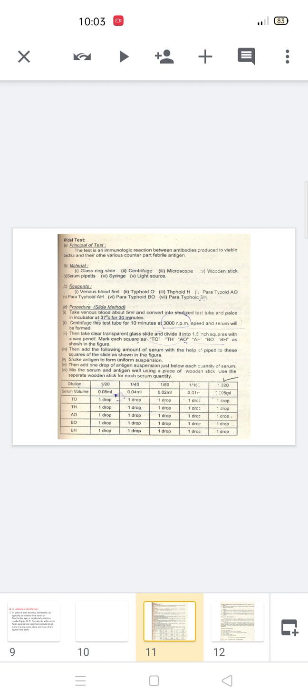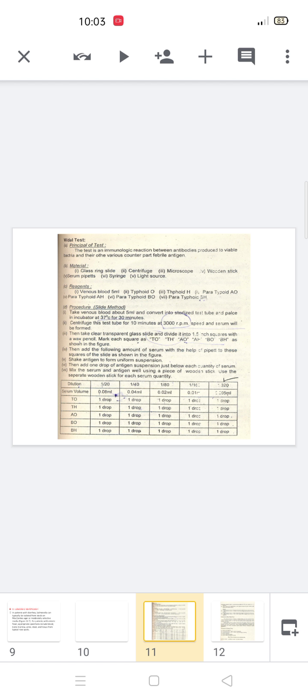It is the deoxycholate citrate agar, DCA, deoxycholate citrate agar. Second is the salmonella shigella agar. These two are the selective media. Selective means on this media only salmonella can be grown, not the other species.